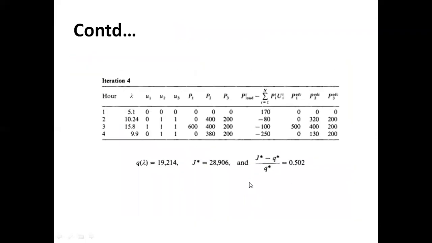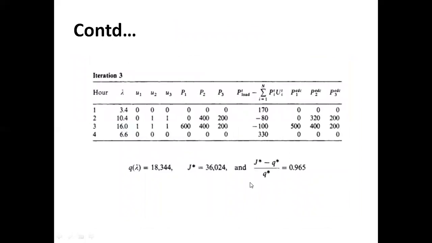In this way, we can easily find the value of Q lambda for each hour, the summation of those values for hours 2 and 3, and this equation followed by the J star values and the value of J star minus Q star by Q star.